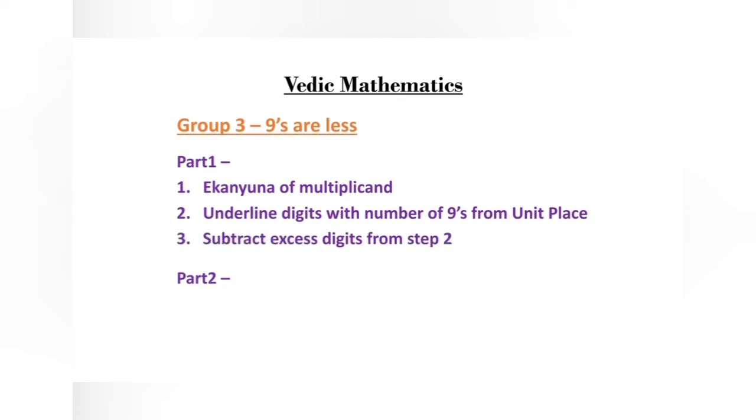Step 3: subtract the excess digits from the Ekanyunya value we got in step 1. And for the second part, just find the Puraka of the underlined number in step 2 above. Okay, let us see with an example here.